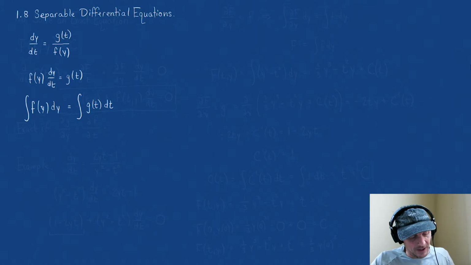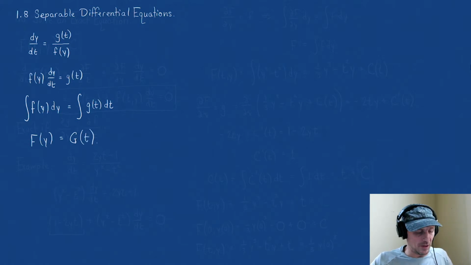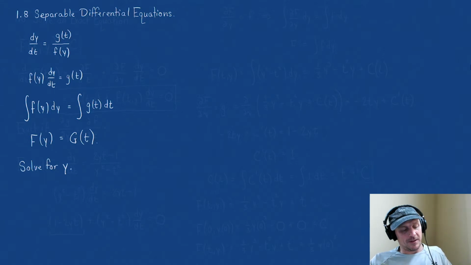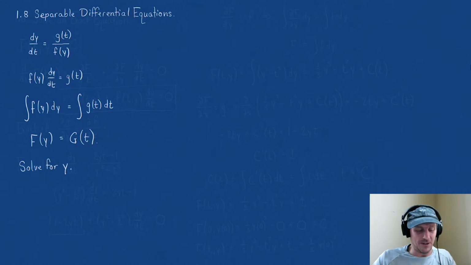On the left-hand side, it's going to be some function of y. And on the right-hand side, we're going to have some function, capital G of t. And at this point, the problem is solved. All you have to do now is solve for y. So let's try one and see how this works.